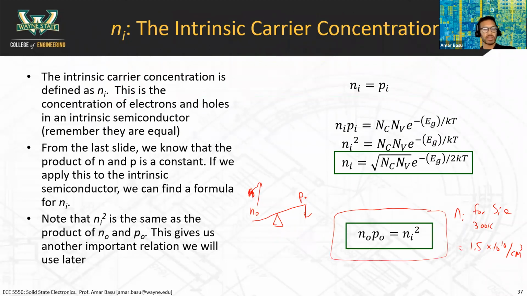This slide just continues on that idea because we're adding to it our knowledge that the electron and hole concentrations are equal to each other in an intrinsic semiconductor. So we use that knowledge now and we say ni equals the same thing that we derived on the previous slide here.